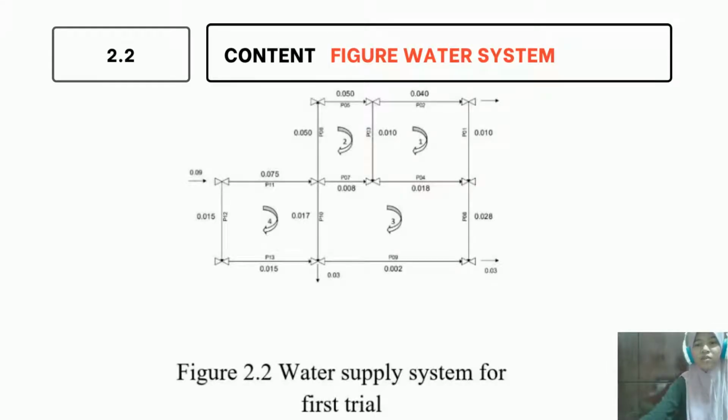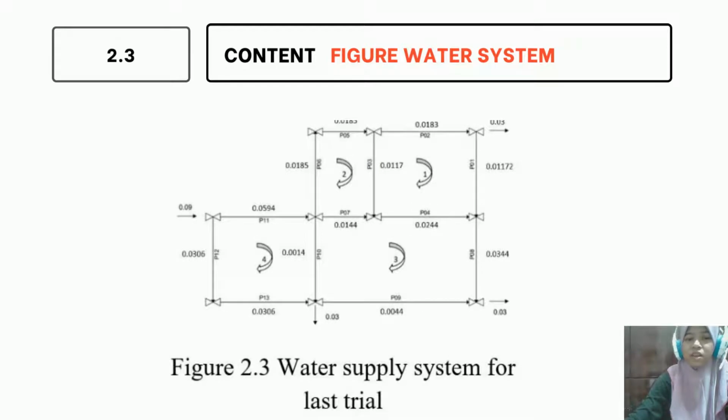I'm going to talk about the water system for the first trial, where we need to find the difference based on the flow rate. In this figure, the flow rates are 0.040 and 0.050.